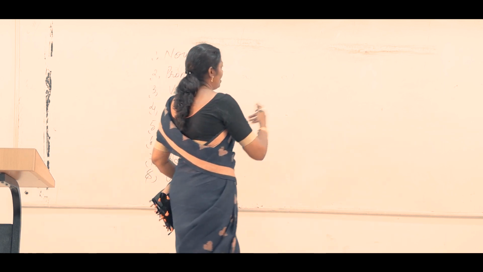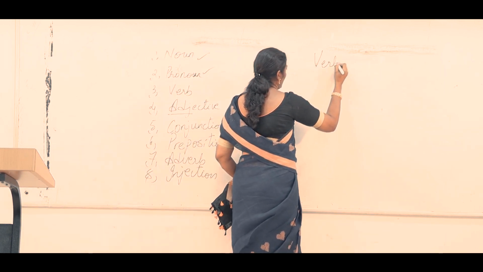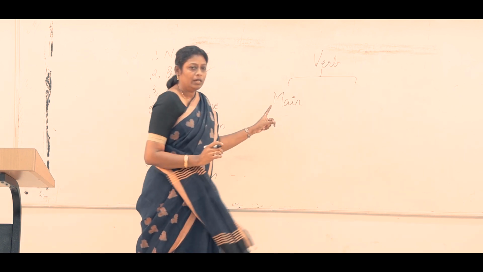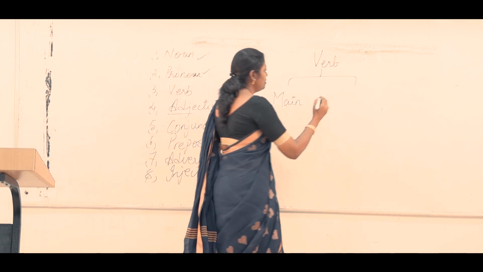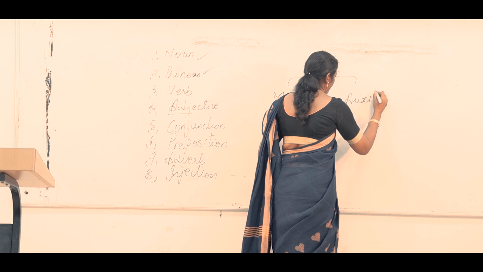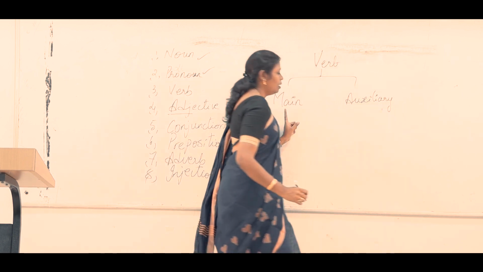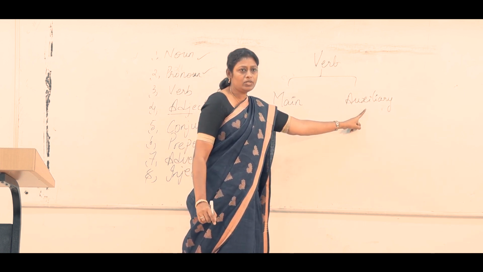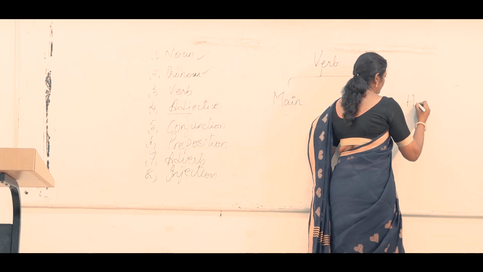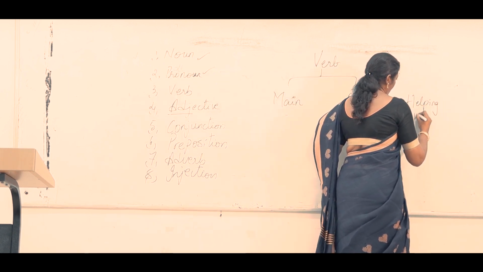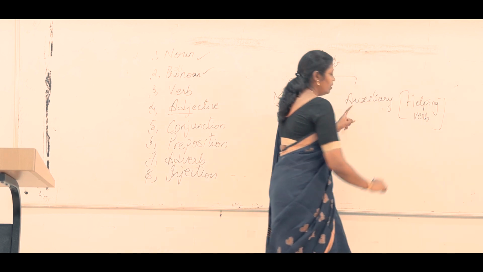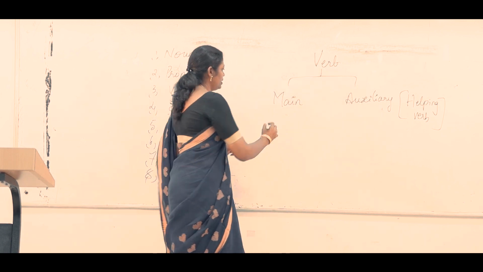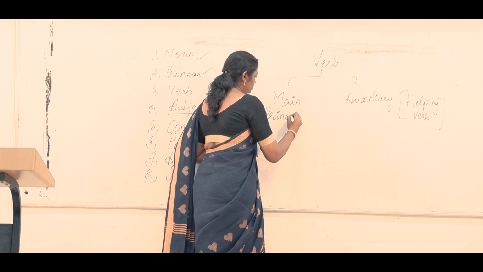Now, a verb can be classified into two: the main verb and the auxiliary verb. The auxiliary verb is also called the helping verb. The main verb is also called the principal verb.